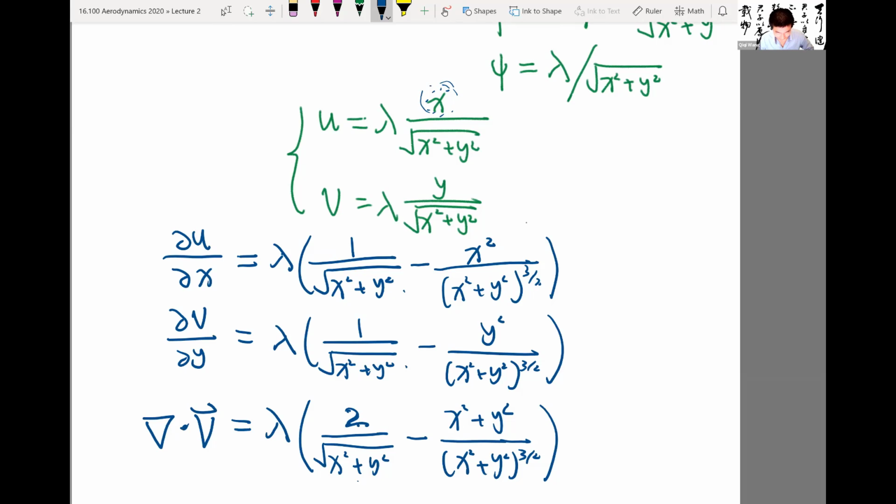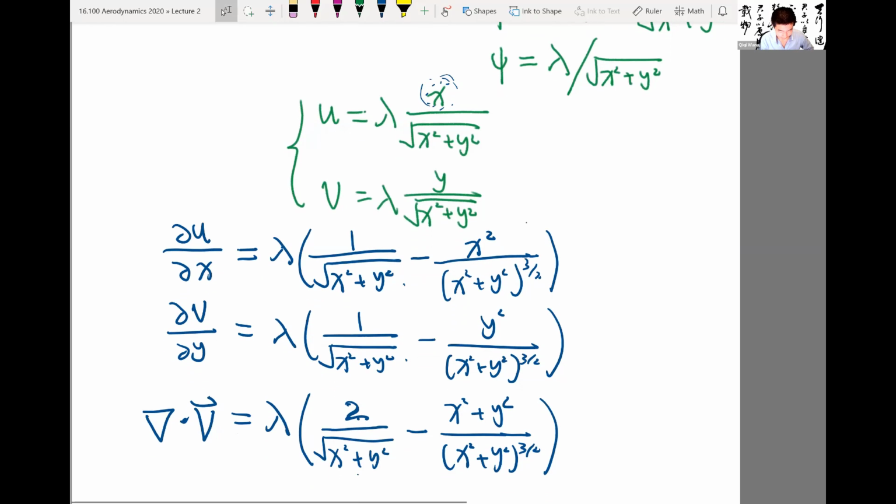In order to satisfy the mass conservation equation. And what I got is it seems that the minus term only cancels with half of the plus term. So there is a factor of 2 missing either in the first term or in the second term.